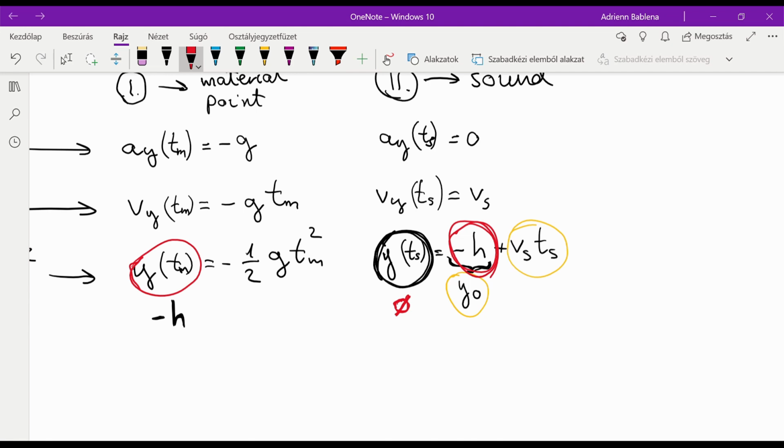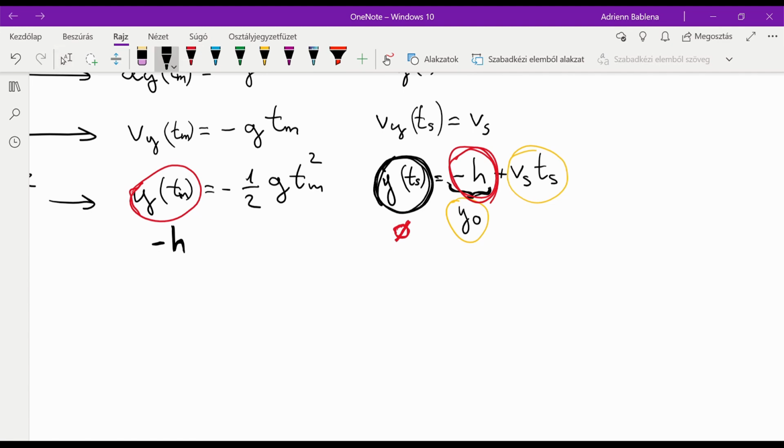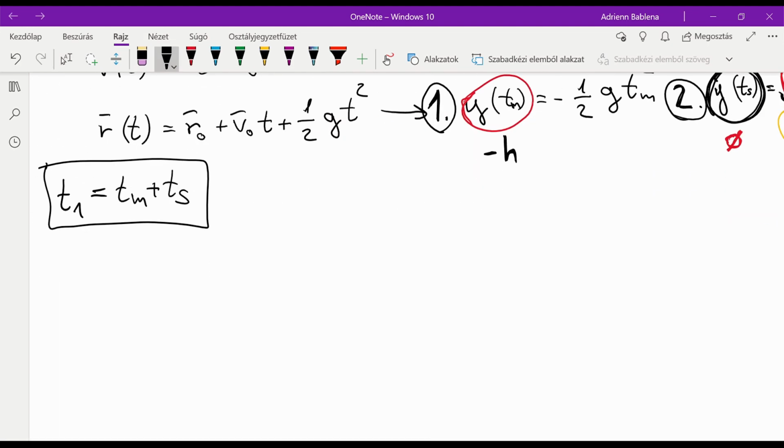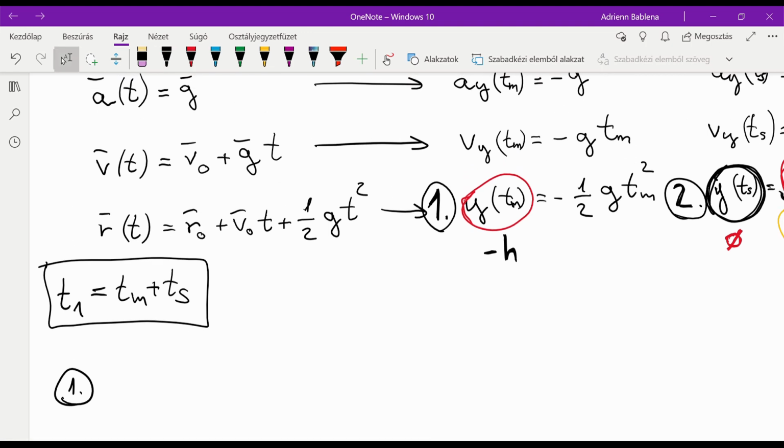So let's write it again. Our position equations. Let's write it this way. This is the first, and this is the second equation. What we have to use. So our first, yes. Excuse me. So YTs is equal to 0.